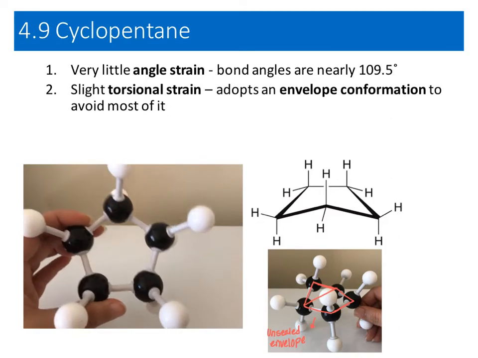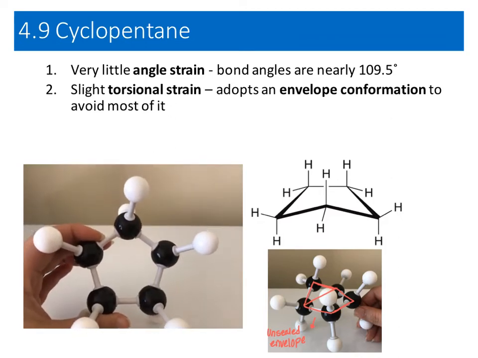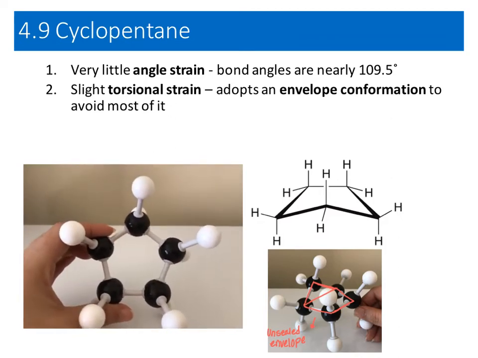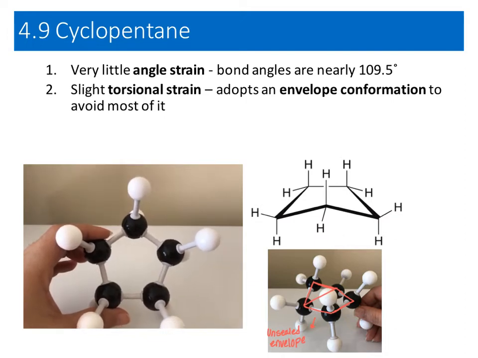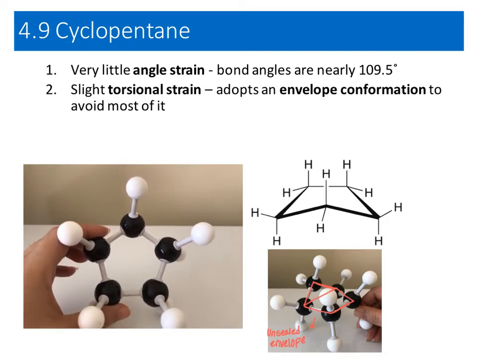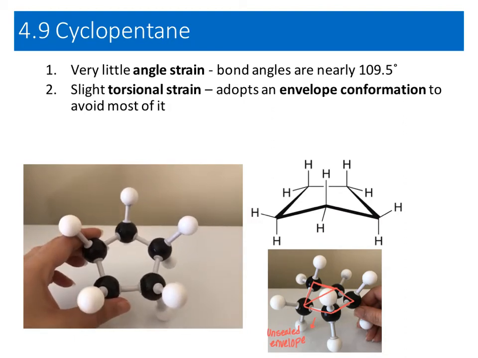The next cycloalkane that we can have is a ring with 5 carbons, which we call cyclopentane. As we keep adding carbons, we are going to relieve angle strain. The bond angle in cyclopentane is 108, which is pretty close to 109.5, the optimum angle for sp3 hybridization.